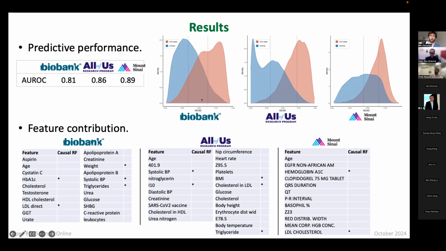We see a bimodal distribution, for example, for the All of Us model in the controls, and then also the BioMe model tends to overestimate risk in controls.